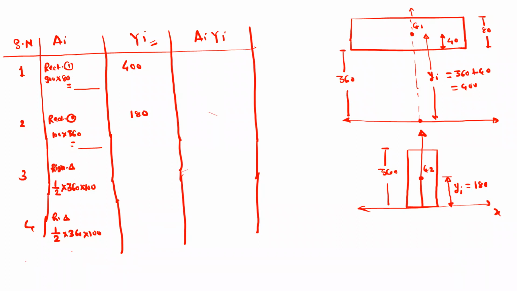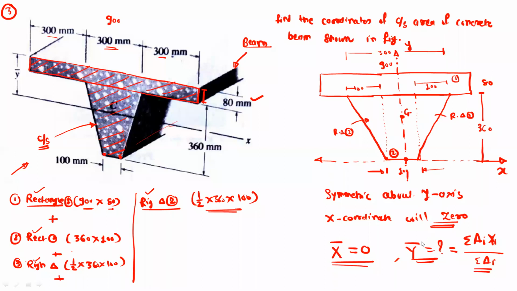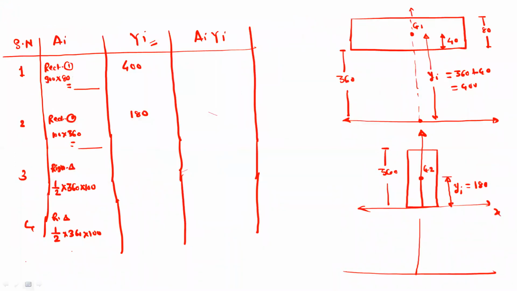For right angle triangle, this is right angle triangle 1.